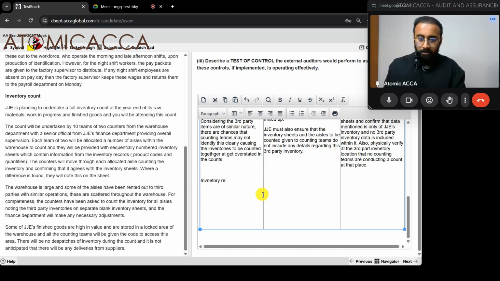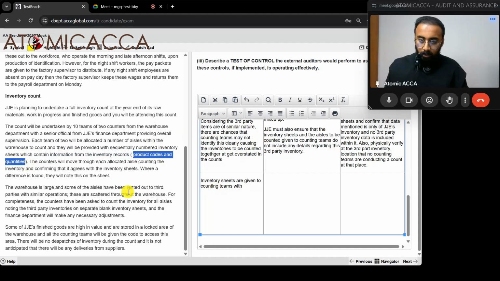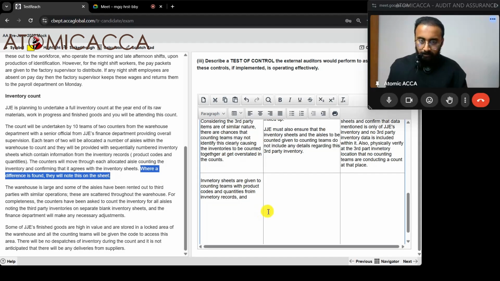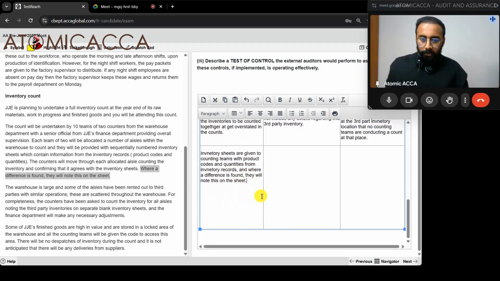Inventory sheets are given to counting teams with product code and quantities from inventory records, and where a difference is found they will note it on the sheet.